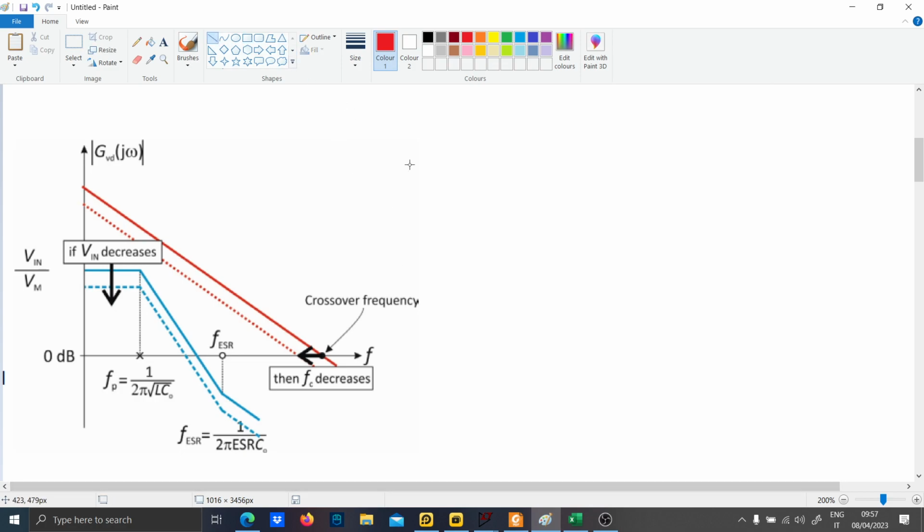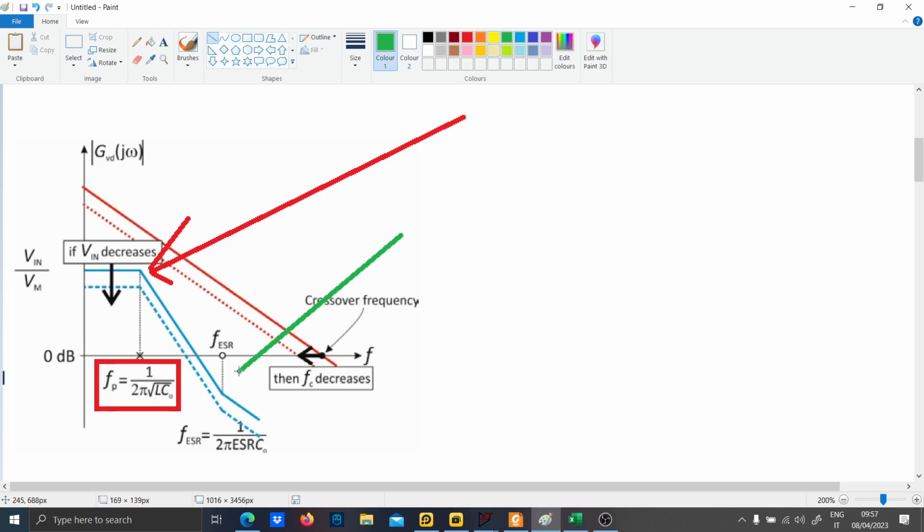As you can see, here there is the double pole of the output capacitor, LC, at one over the square root of LC, and here instead there is the zero of the ESR.